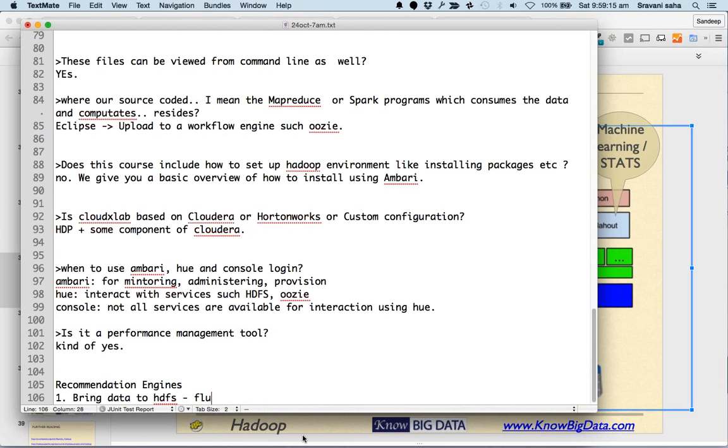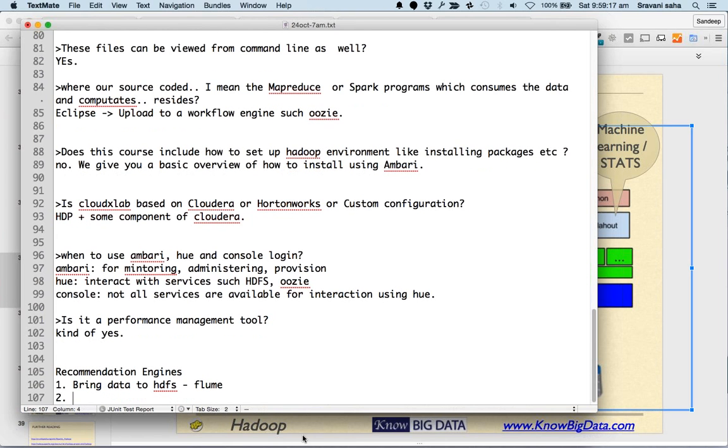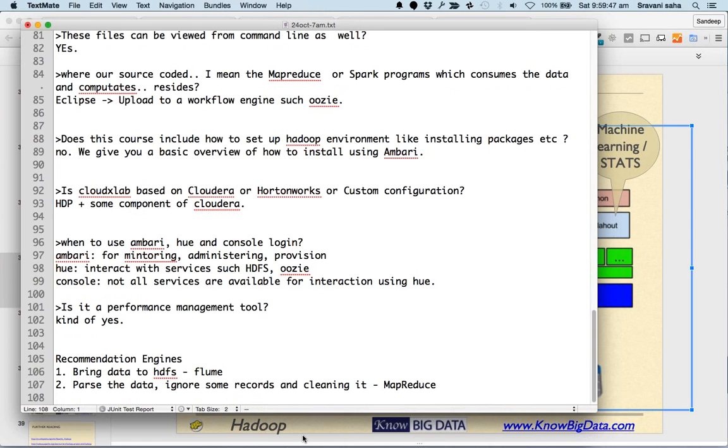For this, you use Flume. The second step, once we brought the data into HDFS, was to clean or parse the data. Parsing the data and ignoring some records and cleaning it needed proper MapReduce. It was the raw MapReduce.